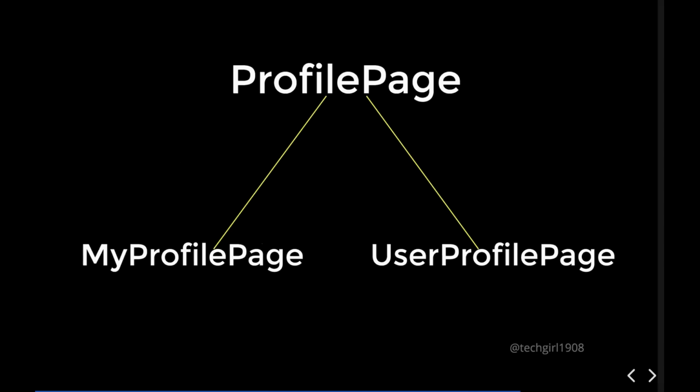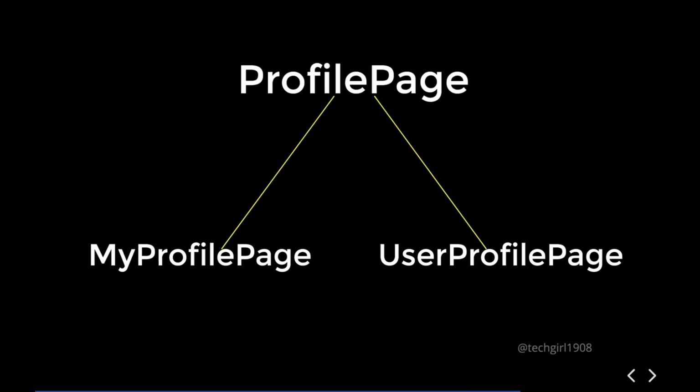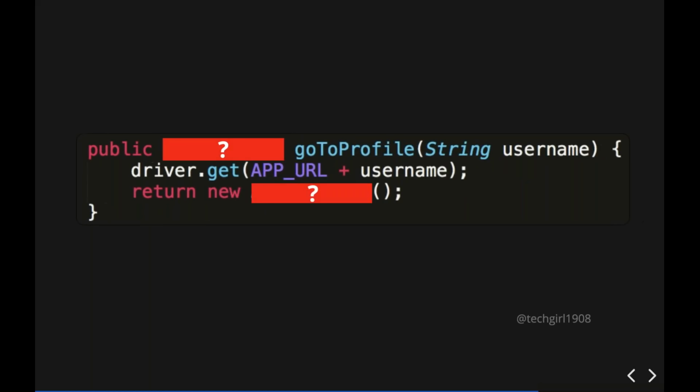Remember, we have MyProfilePage and we have UserProfilePage. At this point, we don't know what username they're going to pass in. So we don't know if it should be the MyProfilePage or UserProfilePage that should be returned. So how do you handle such a case?